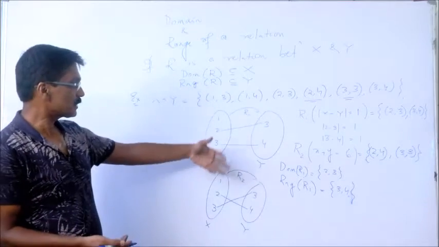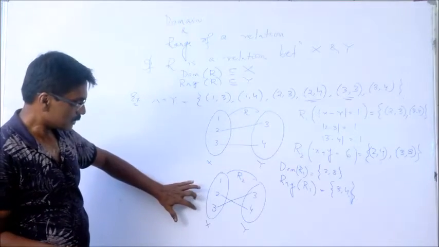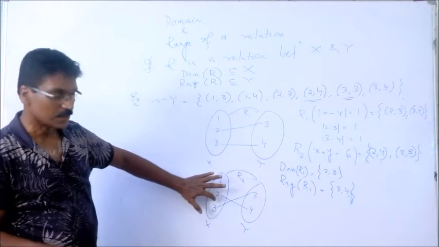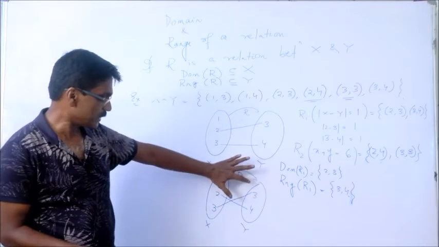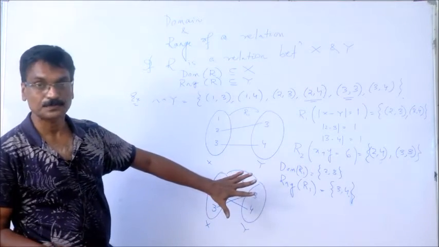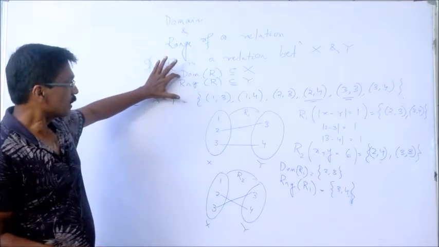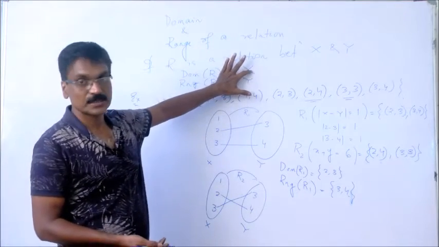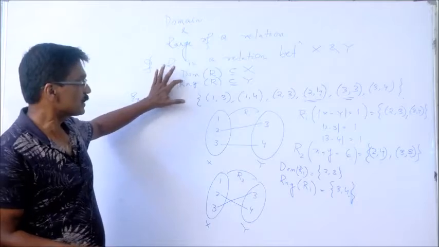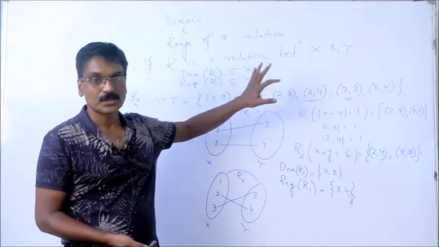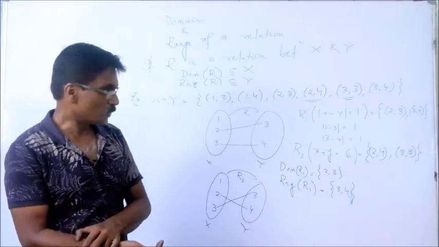The same is also the case for R2: the domain of R2 is again {2, 3} and the range of R2 is {3, 4}. So, the domain is a subset of X set and the range is a subset of Y set. So, we have domain and range.